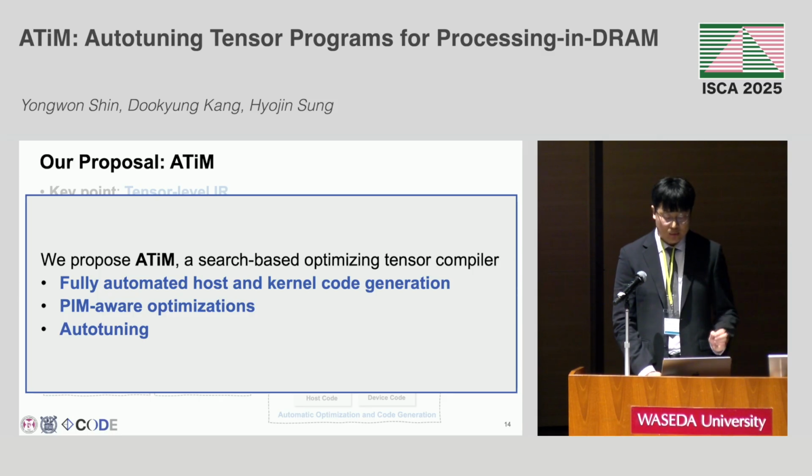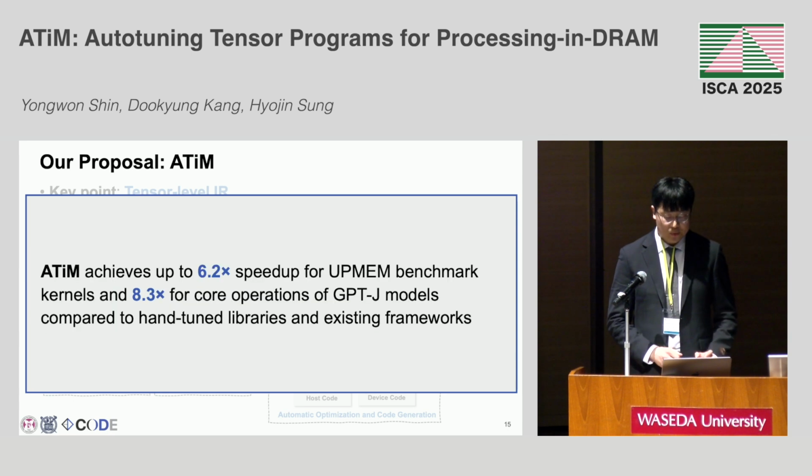Our goal is to advance DRAM PIM programmability and to enable streamlined optimizations of both host and kernel code. Our ATiM achieves up to 6.2 times speedup on benchmark kernels and 8.3 times speedup on the core operations of GPT-J layers compared to hand-tuned libraries and existing frameworks.